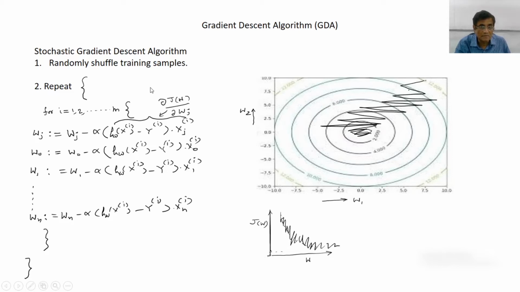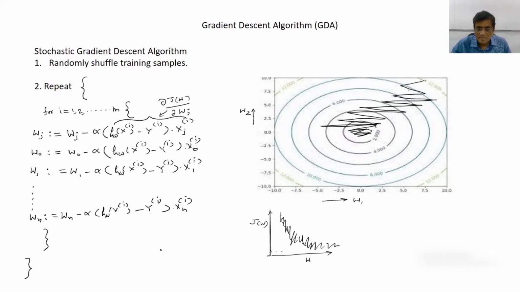Sometimes in 1 to 10 iterations the parameters converge very fast, because of this updation rule and randomly supplying the training samples. Because of these two reasons it converges very fast, although the parameter values may not be that precise, but for many applications that is okay.